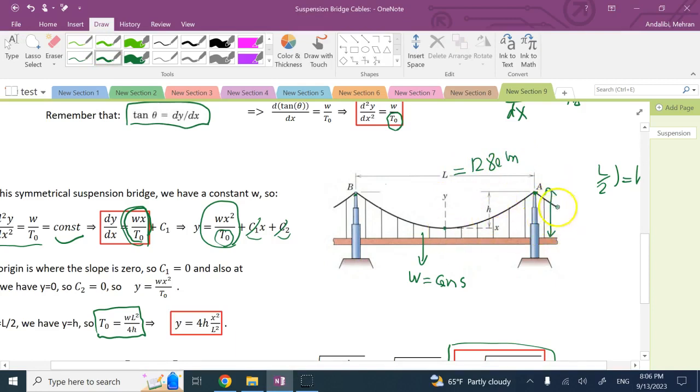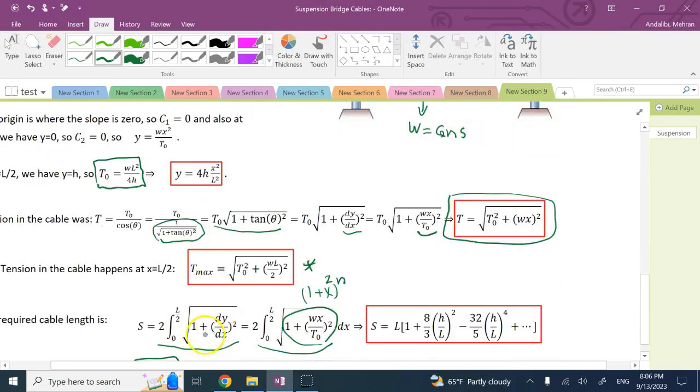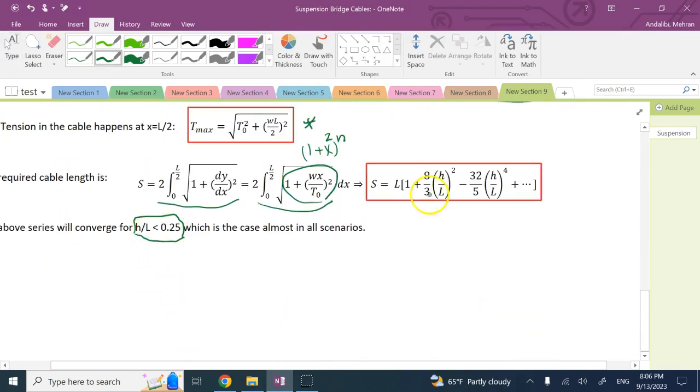So h is less than that total height. So this is like 227 meters. So this h is probably about 200 or less. Okay. And clearly 200 over 1280 is for sure less than a quarter. Okay, so the series will converge and you can find the total length of the cable that you need.